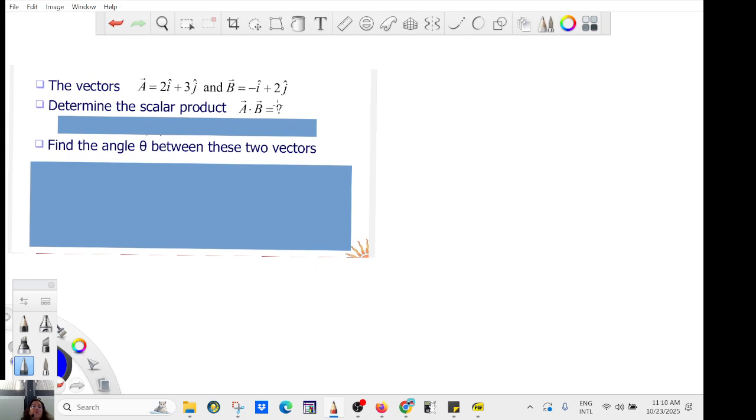So we're going to use the first definition first, right? So A dot B equals x components. You multiply the x component and then you multiply the y component.